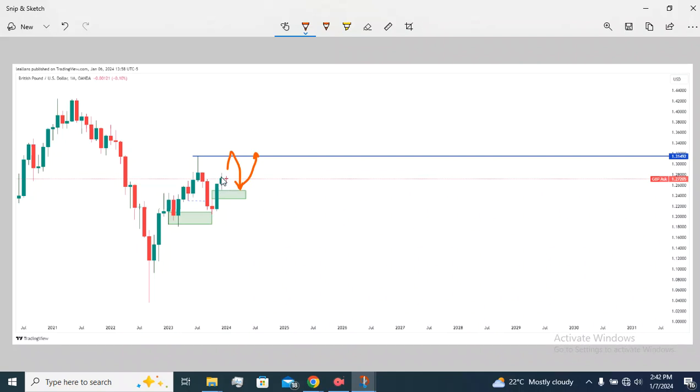I would like this high to be taken first, before we mitigate this internal liquidity. We have to take this external liquidity before we come to fill this internal liquidity. Moving on.